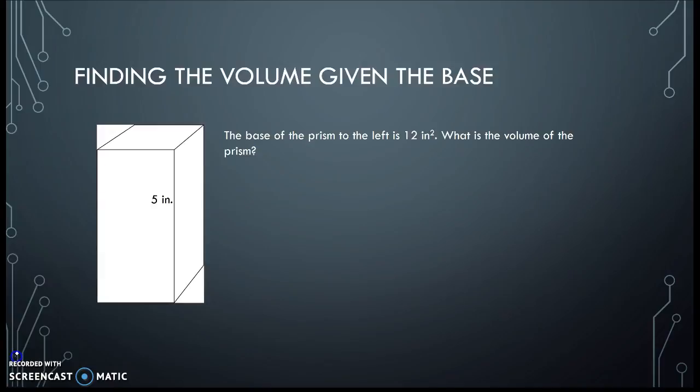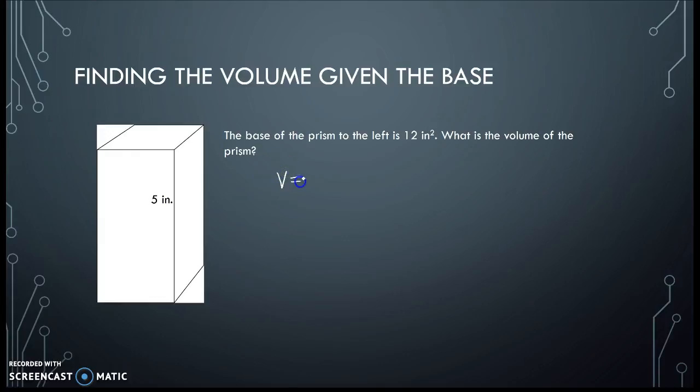So let's go ahead and look at this first problem. It says the base of a prism to the left is 12 inches squared. What is the volume of the prism? Okay, so let's look at our formula chart. So today we're only using volume of a prism. So we're going to write our formula first.